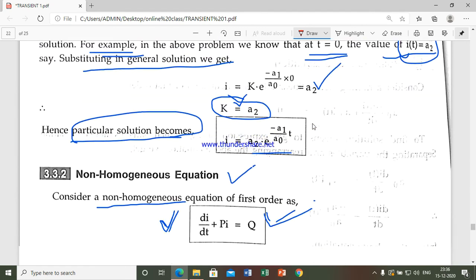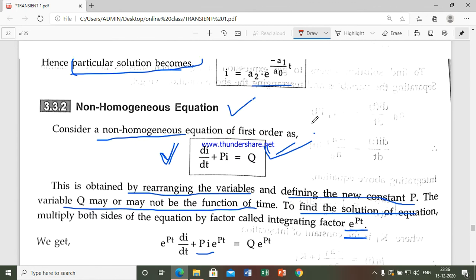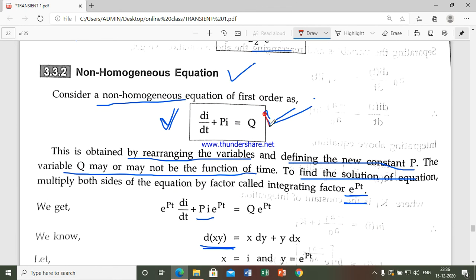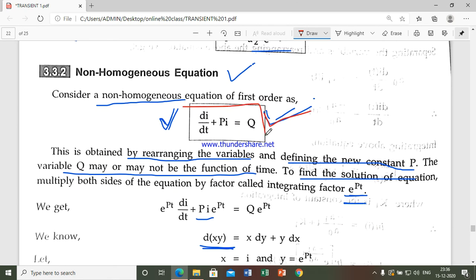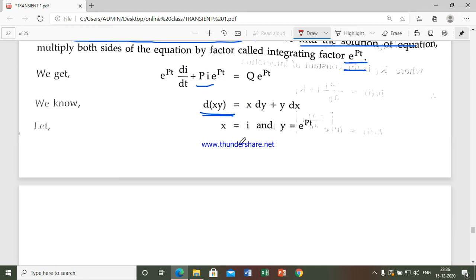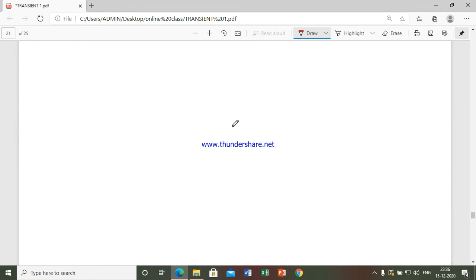Also you should observe that in a non-homogeneous equation, your expression should be in this form. These are the standard results. You should remember all these results, whatever they have mentioned in the square box. We will use these while solving the problem. You can write down this standard expression.